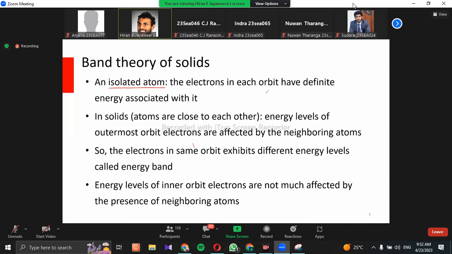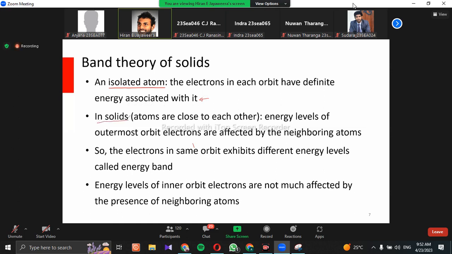In general, we can't find an isolated atom. Even in space, if there are atoms, there are a few atoms close by. So practically, we don't see isolated atoms. But if we have an isolated atom, electrons in each orbit have a defined energy associated with that. I'll come to that shortly, and I'll explain it again.